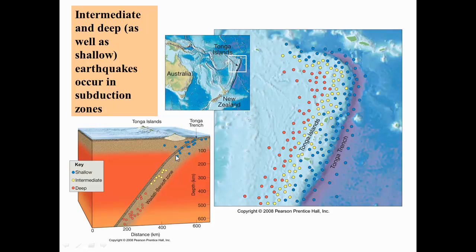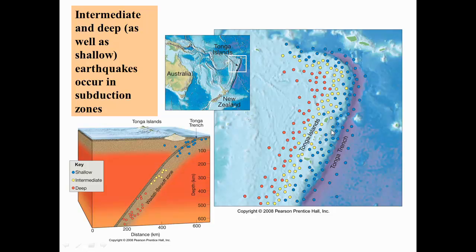Now, for each of these different plots, these are all plots of the hypocenter. These are the sites of initial fault slippage. But to get the epicenters, we simply take each one of these dots and project it up and plot it on the surface. And so the epicenters can be plotted on the surface, and that's shown in the diagram towards the right.